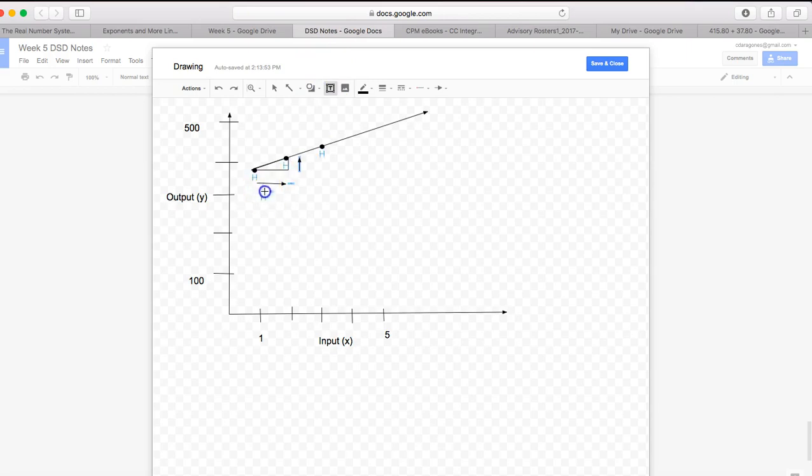So whenever my change in X is equal to 1, because there's a change of 1 unit, there's a change in my Y of $37.80, okay? So this triangle that results in a linear relationship, this triangle that describes what's going on with my X and my Y is called a slope triangle.